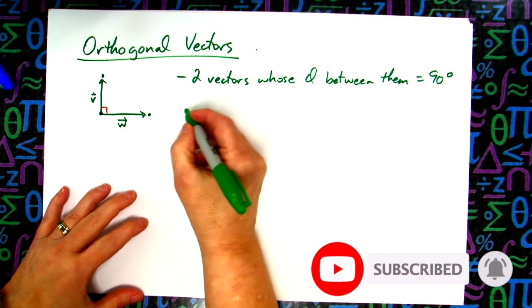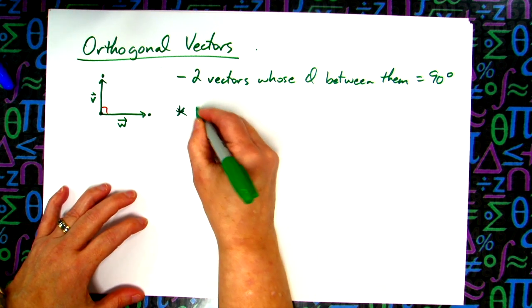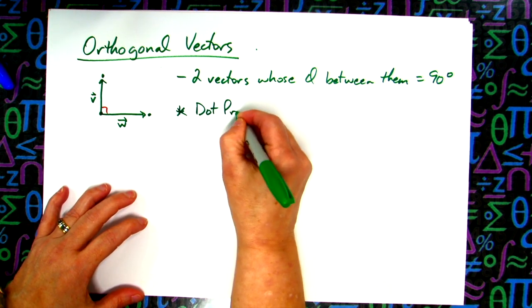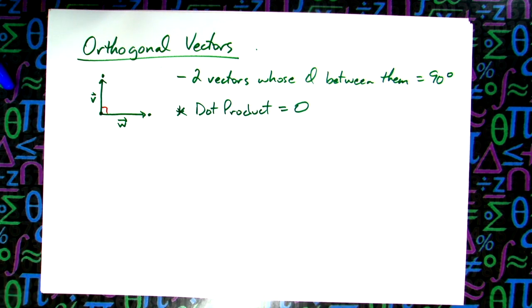All right, so the other thing that we can put on here is that the dot product equals 0. Okay, the dot product equals 0. And so all I have to do to find out if two vectors are orthogonal is calculate the dot product. Comes up to be 0, the answer is yes.